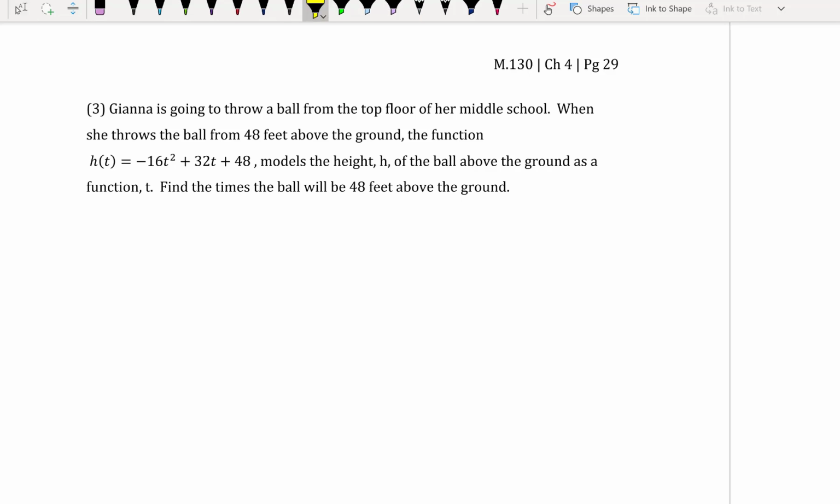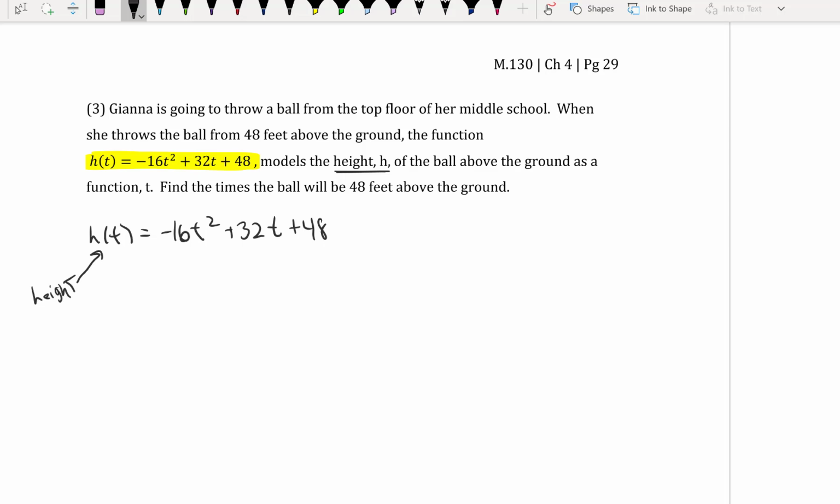So I know that they gave me this equation. So there's my equation. h of t is equal to negative 16 t squared plus 32t plus 48. So what does it say? It says that h represents the height. So this is the height that they're talking about.